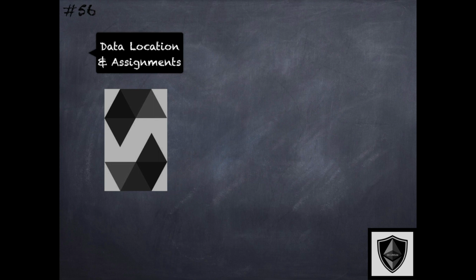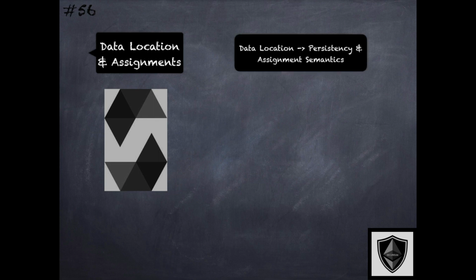The data location annotation we just talked about not only affects the persistency of those variables, the scope in which they are relevant, but it also affects what are known as assignment semantics. And in the context of Solidity, what this means is that during an assignment using such variables, is a copy of that variable being created, or is simply a reference being created to the existing variable?